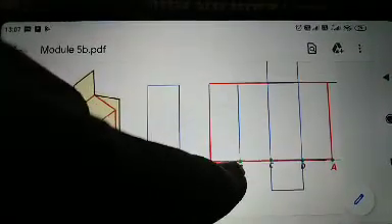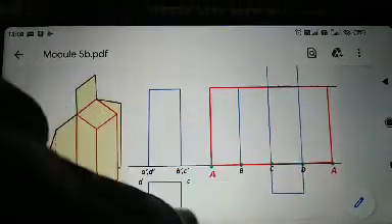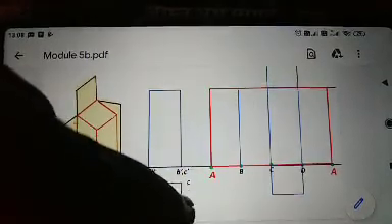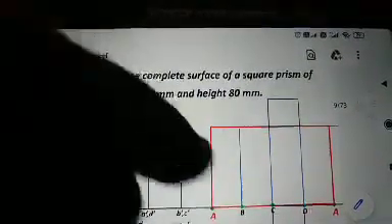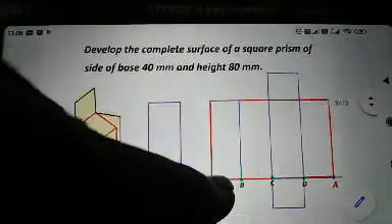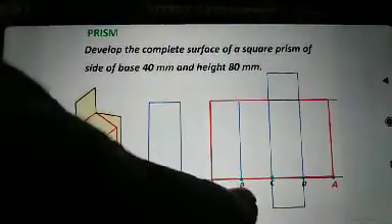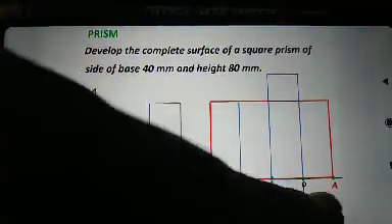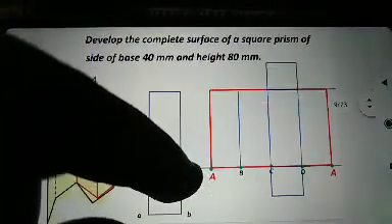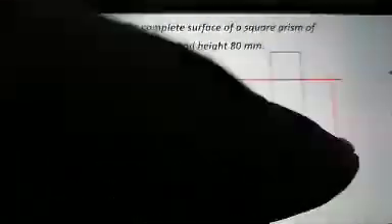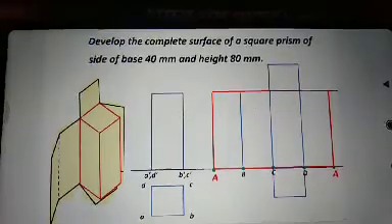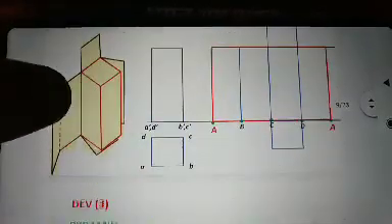Now this AB is the distance of that side shown in the top view, or square side of that prism, which is base side 40 mm. Mark the points A, B, B, C, C, D, D, A at 40, 40, 40 mm distance. You will get a point after that, and this is the simple development of the surface of the square prism.